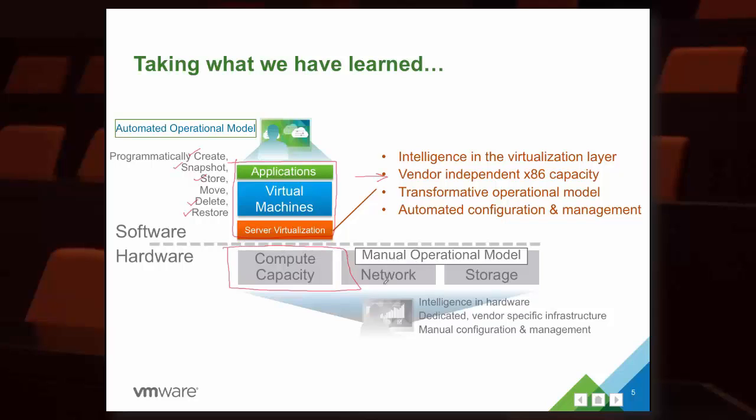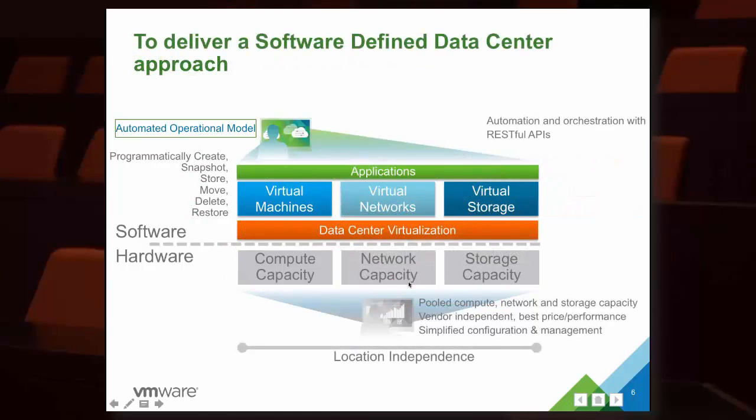But it still didn't allow us to address these other two paradigms that existed inside of the data center, the networking and the storage. And we'll be focusing on network in this conversation. We took what we did inside of compute and we're expanding it inside of network and storage. And like I said, inside of network, we're clearly talking about NSX.